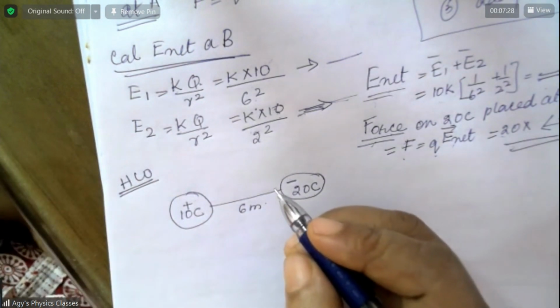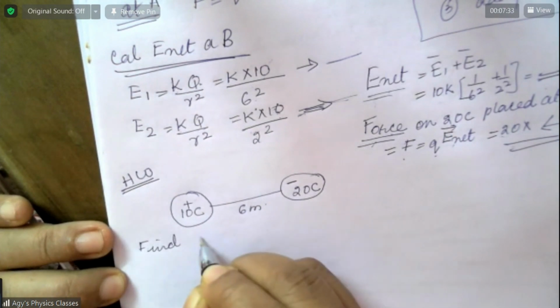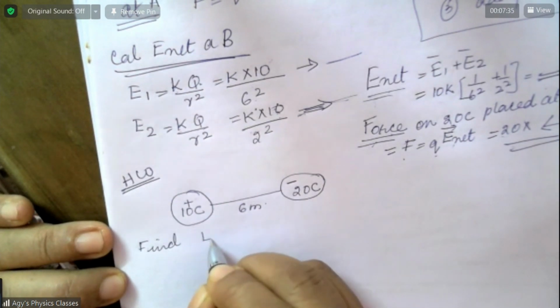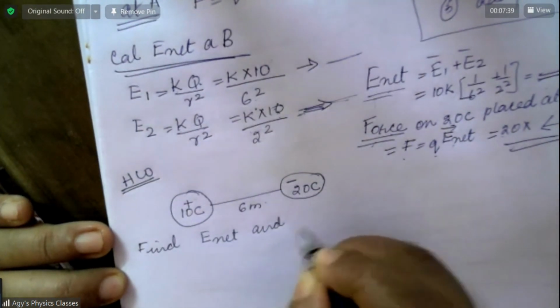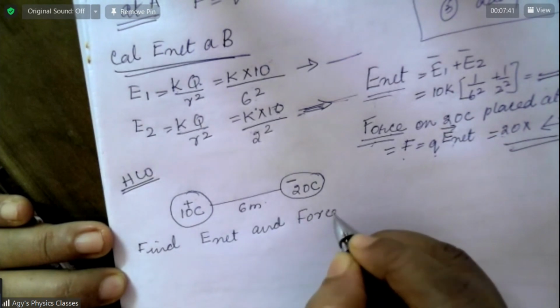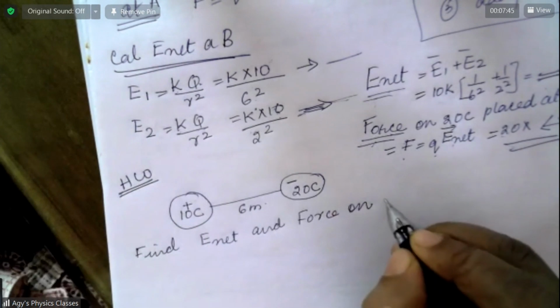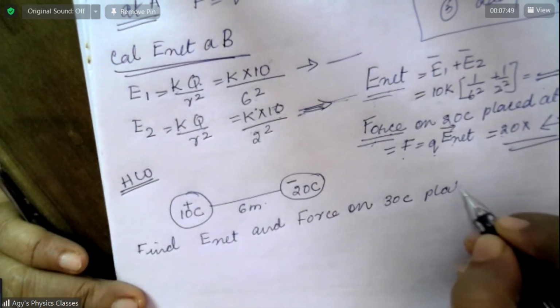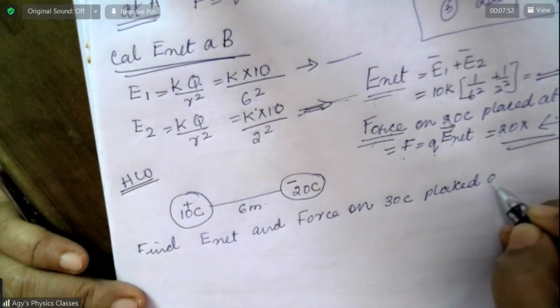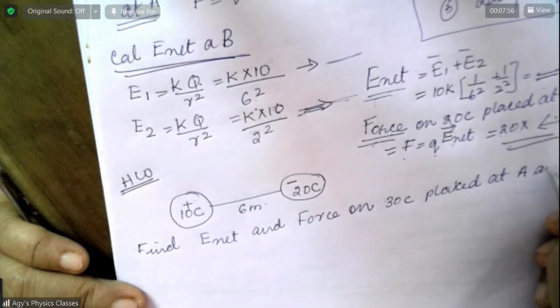You have to find the net electric field and the force on another charge. Let the charge be 30 coulomb, placed at, say, A and B.